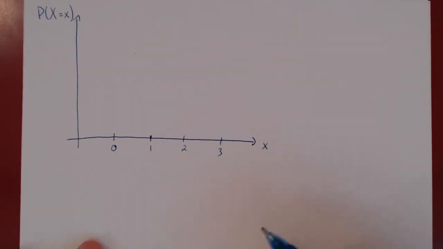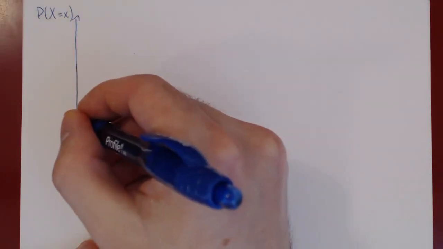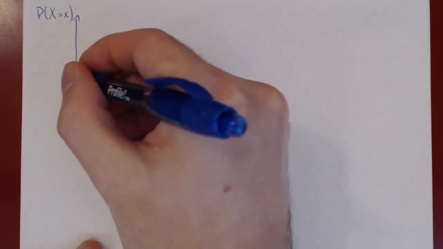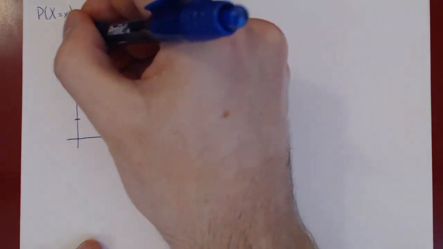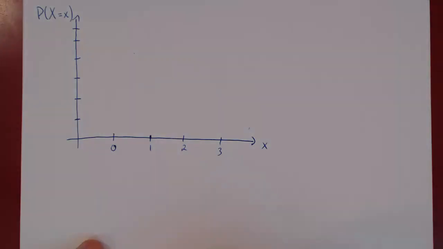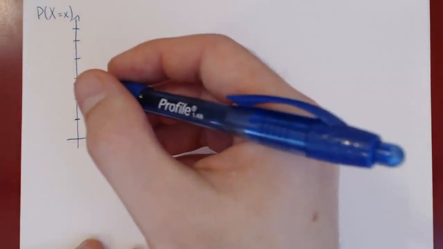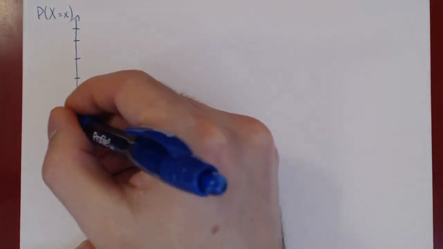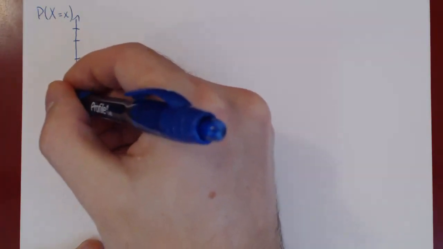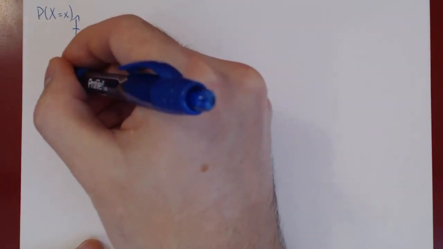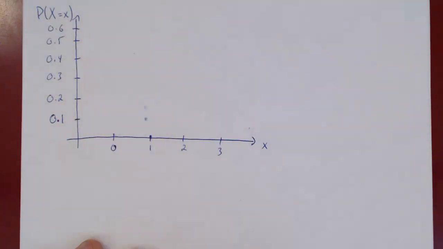So we can go in slices of 10%. So we'll go with 1, 2, 3, 4, 5, and 6. And beside each, write the probability. So 0.1, 0.2, 0.3, 0.4, 0.5, and finally 0.6.